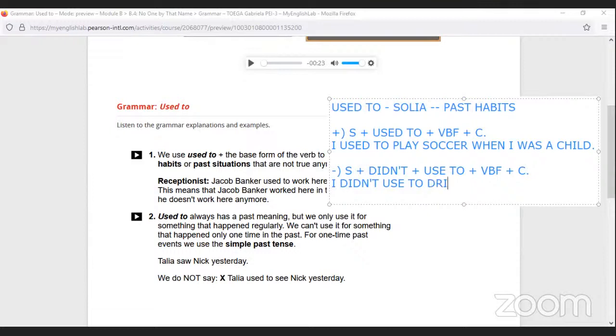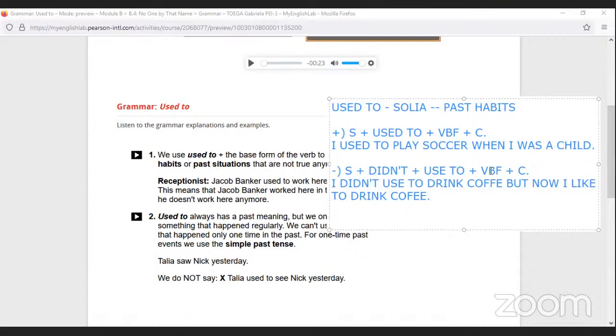I used to drink coffee, for example, right? And I can say, but now I like to drink. So this is an action in the past that I never did, but this time I do it. We have two kinds of saying negative with used to.